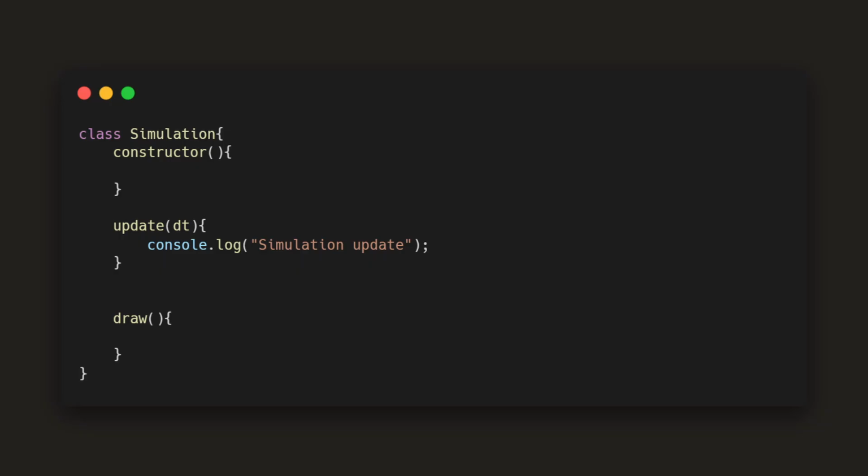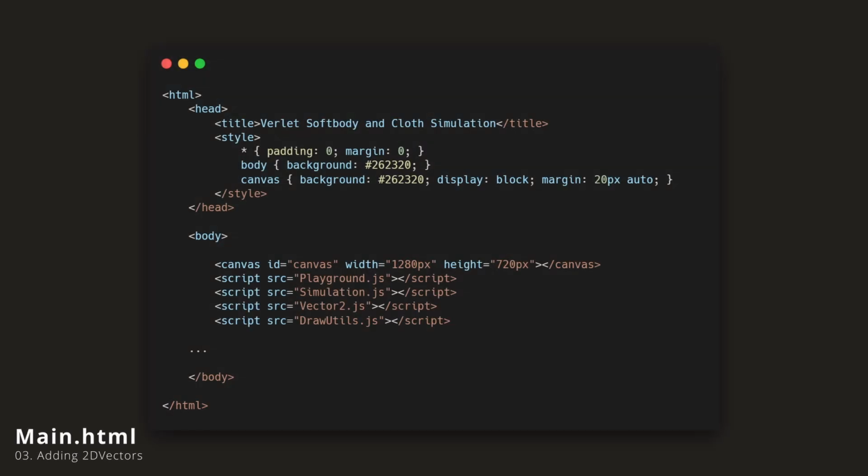So the draw method is empty now, and it will get filled back in once we have actual physics objects to render, or if we want to add any UI elements or something like this. And then, of course, we have the main HTML file again. We need to add the drawUtils.js file as a script tag, and that's it for the main HTML. Nothing else changes in this file for this episode.